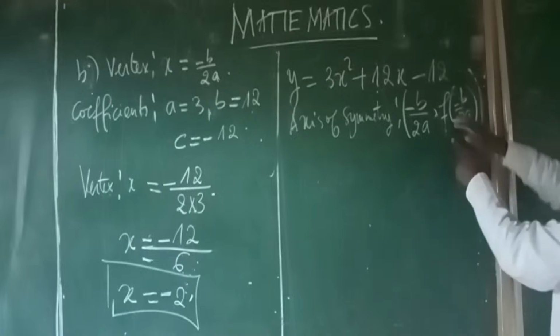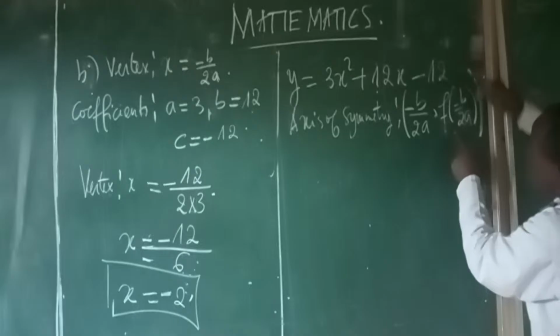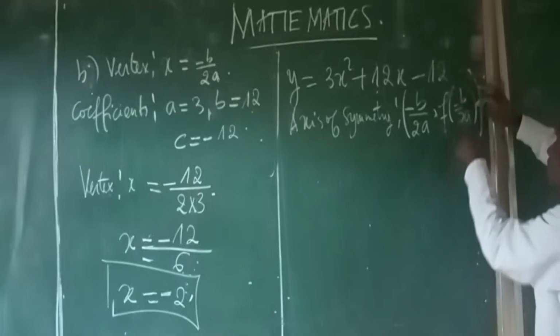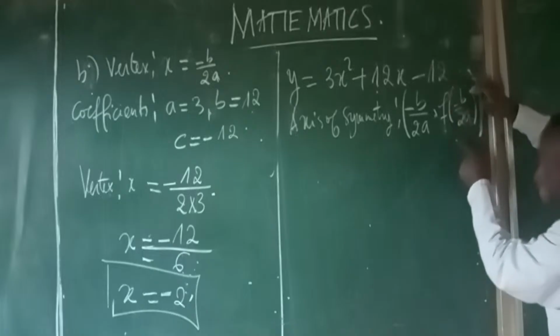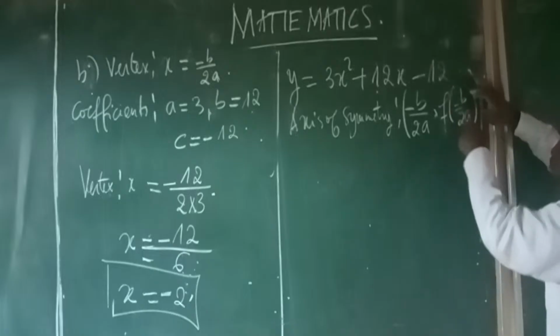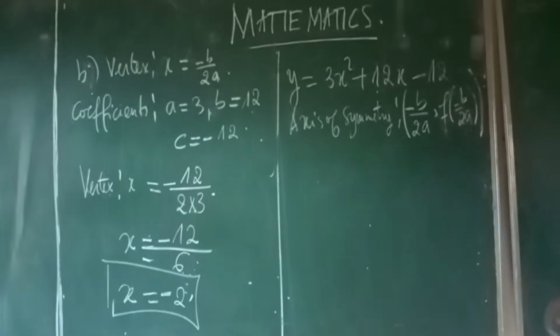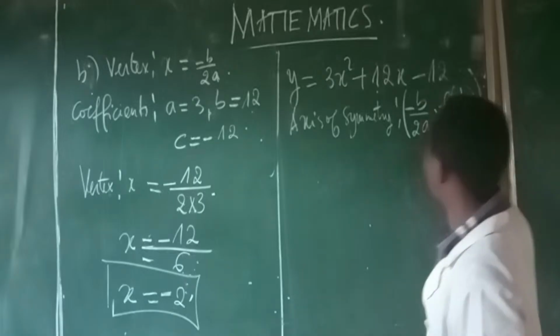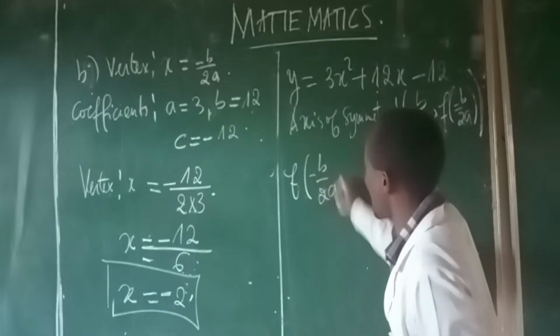We have f of minus b over 2a. It means we take where we have used this formula. Remember, it is about the vertex. And we take that vertex and substitute it into our quadratic formula, and we get what? Right? So now let us find f of minus b over 2a.